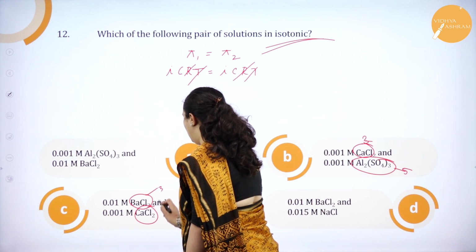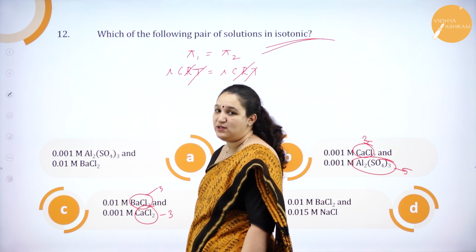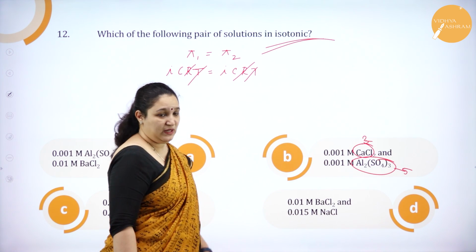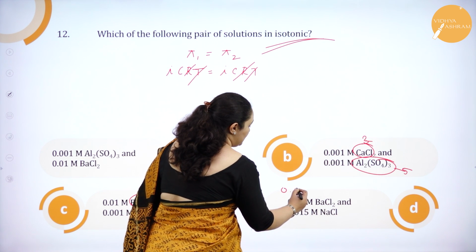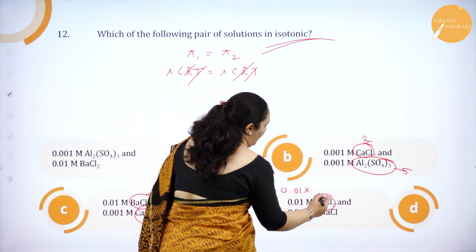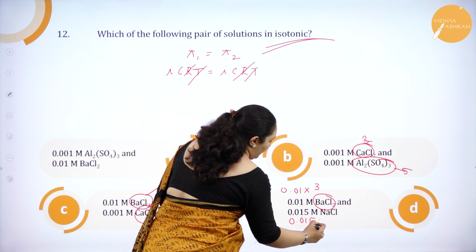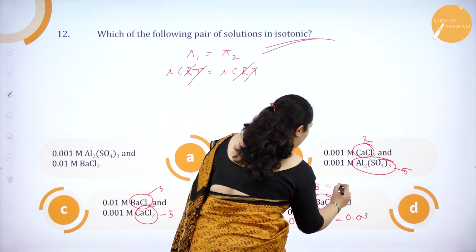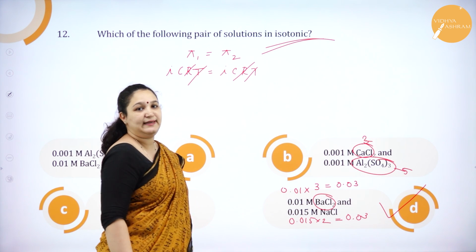So this is also 3, this is also 3, but the molarity is different. So again osmotic pressure cannot be equal. So D should be the correct answer. We'll see 0.01 into 3, the Van 't Hoff's factor is 3, and 0.015 into 2. So this is 0.03 as well as 0.03. So the correct answer is option D.